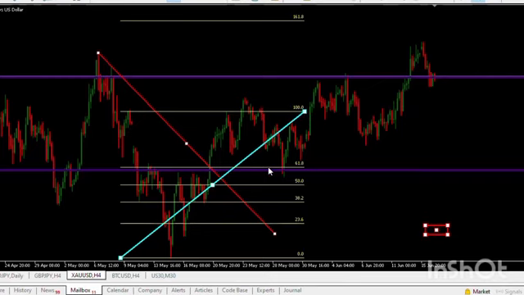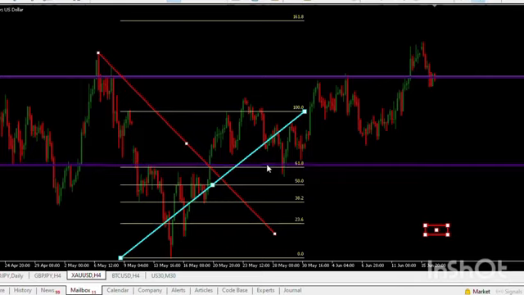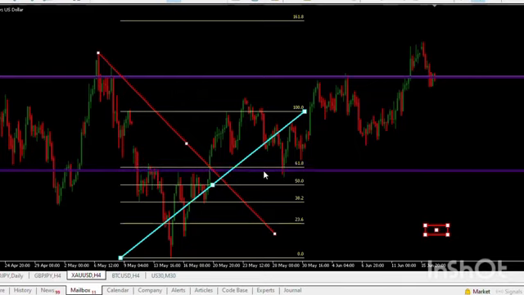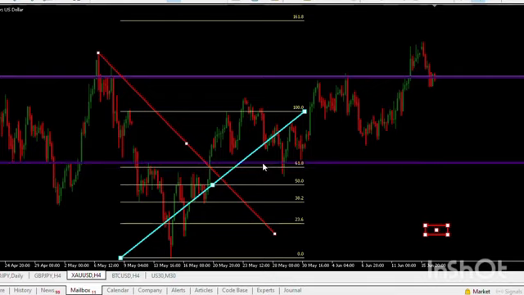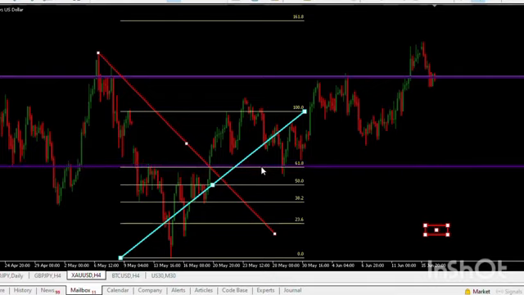It was more like an intersection. So this is just understanding the importance of how to validate a counter trend line.